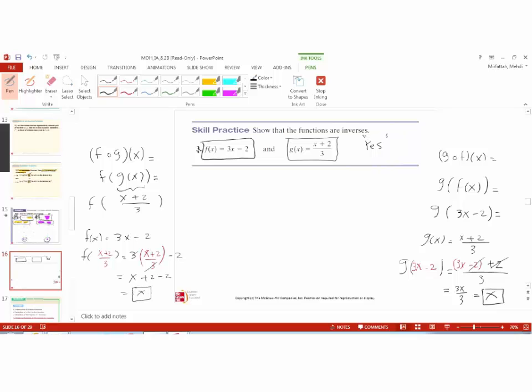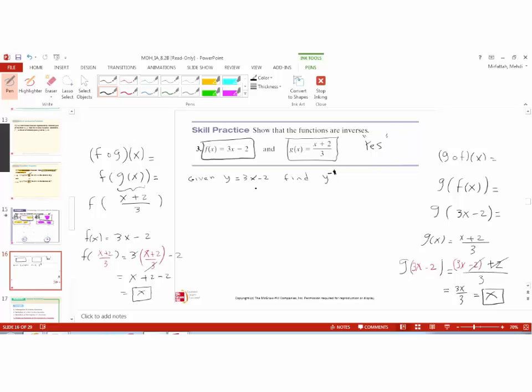Okay, so let's take a look at actually how to find an inverse. Let's say this is a different problem. Given y is equal to 3x minus 2, like f of x equal to 3x minus 2, find the inverse of that.